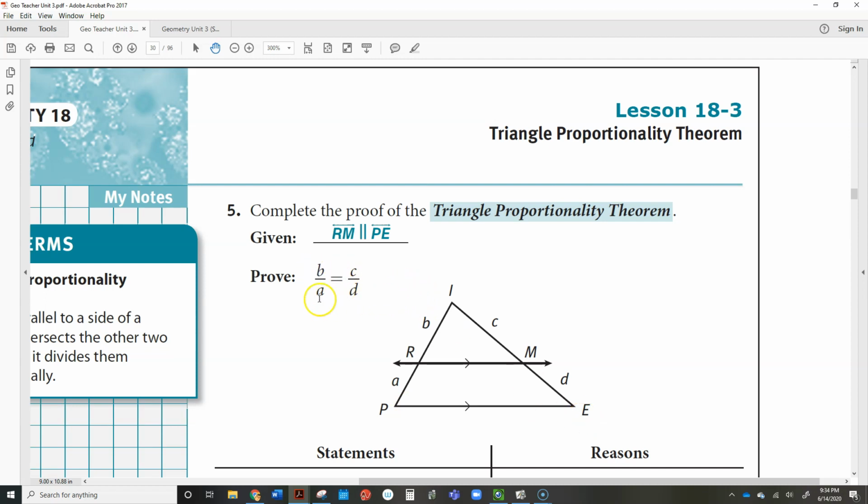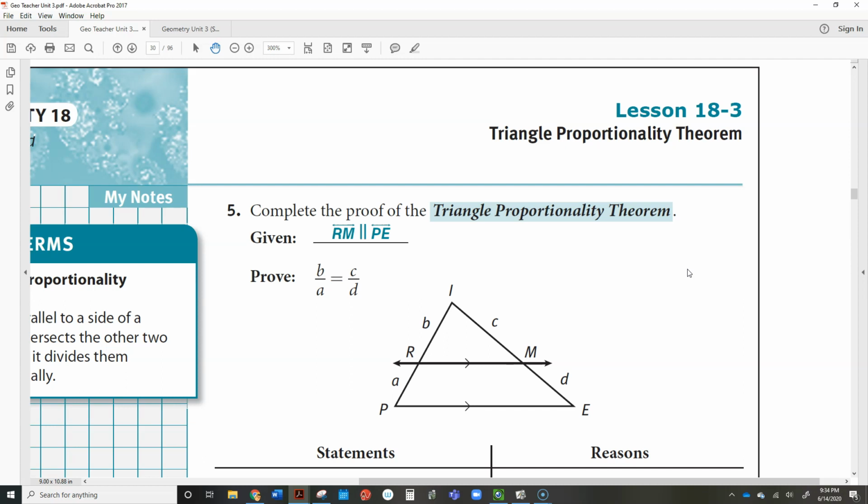So what we're going to learn is that you can take these pieces. Now, I'm going to use my vocabulary very carefully. If these two lines are parallel, then each one of these sides of the big triangle are actually transversals.